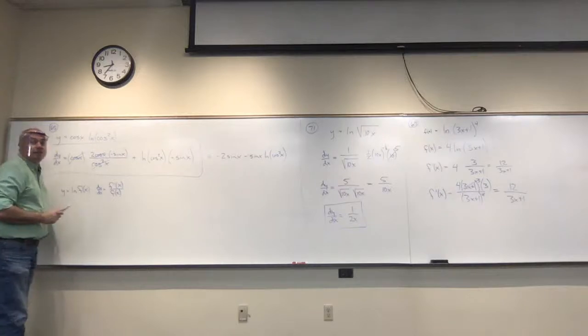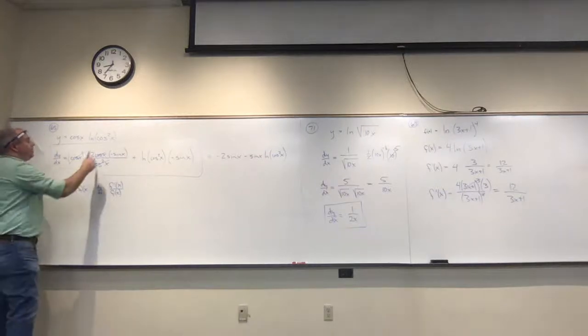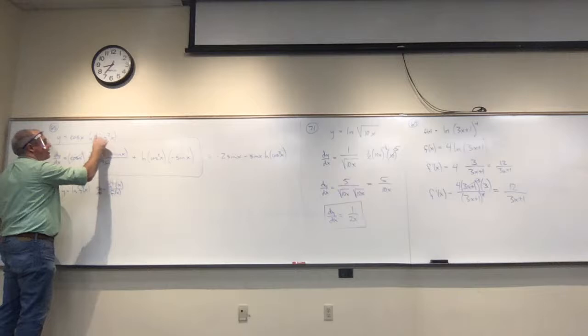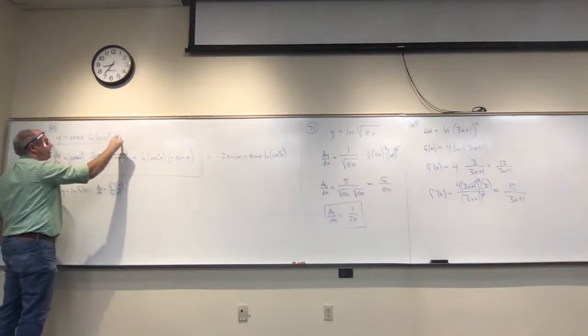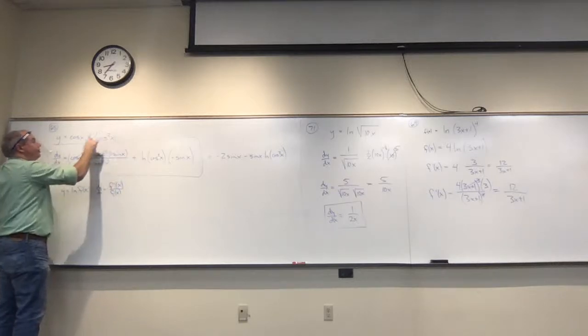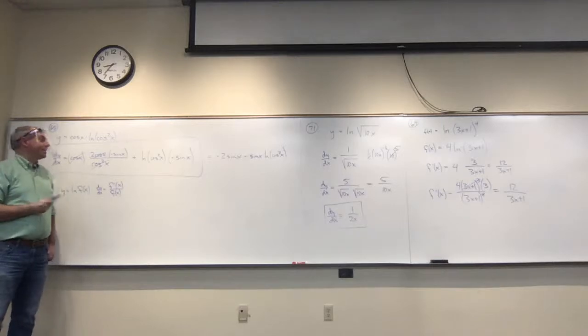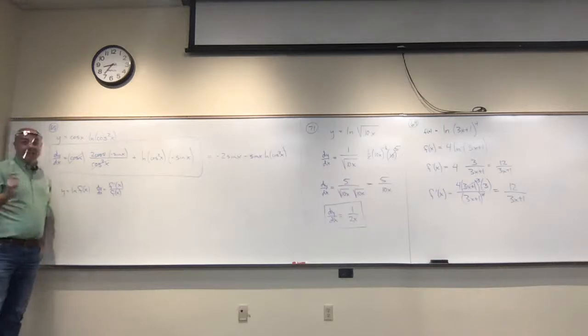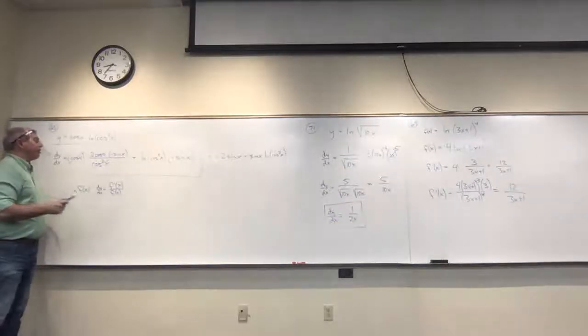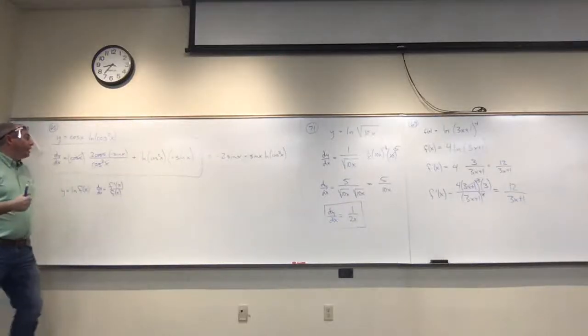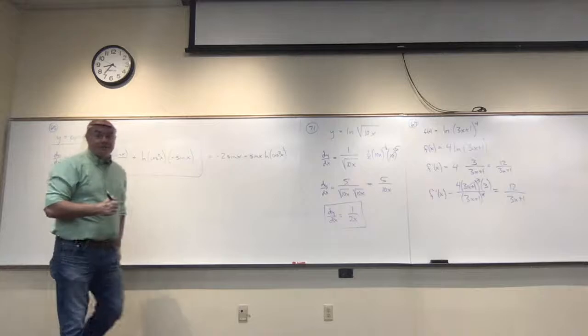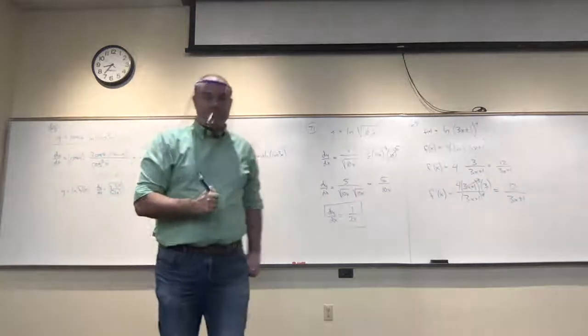You could. Yeah, because this is really cosine of x quantity squared. And so the squared could move in front of the ln and make it a little bit easier. Somebody asked that on mine. And that is true, yes. So that would make your differentiation a little bit easier. Yeah, that's a good question.